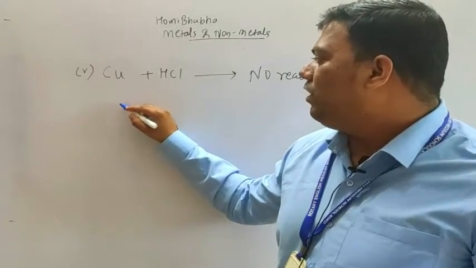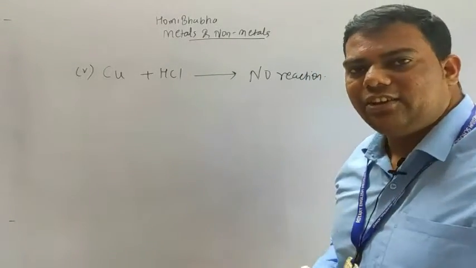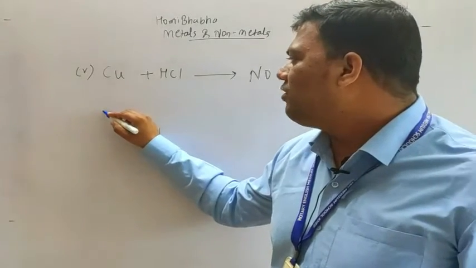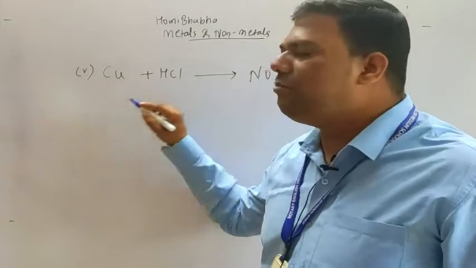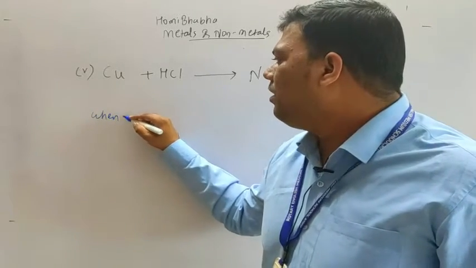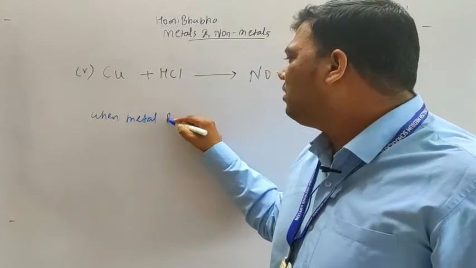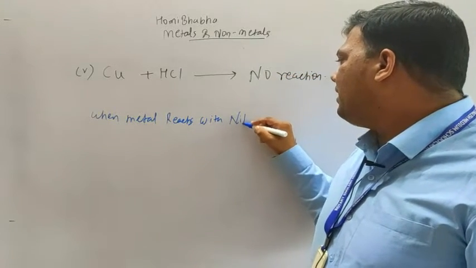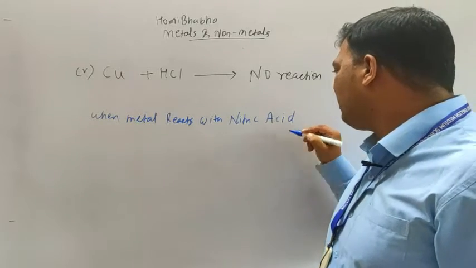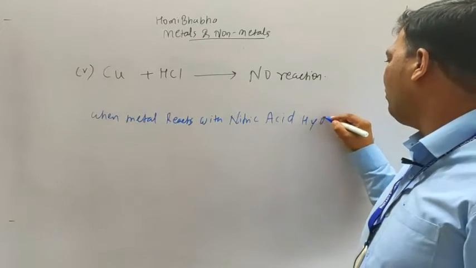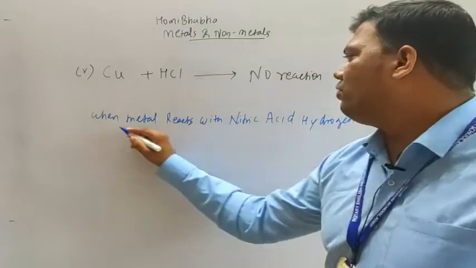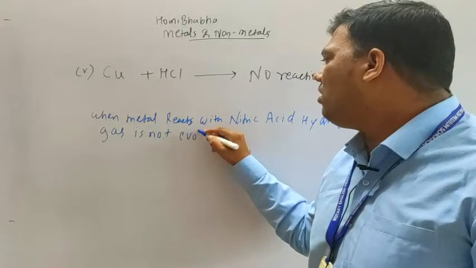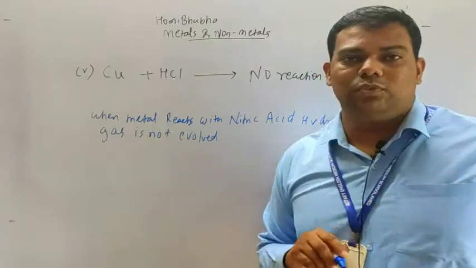When your metal reacts with nitric acid, hydrogen gas is not evolved. So why is it so?